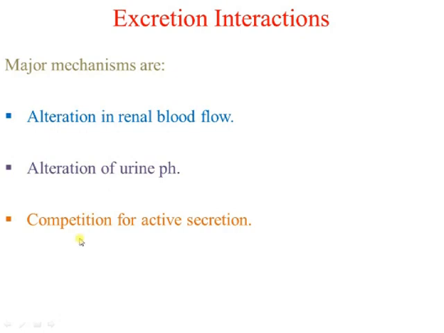And we have some drugs which can competitively block active secretion of drugs across the cell membranes. That happens even in the kidneys. So some drugs which interact at that level can either increase or decrease the levels of other drugs. So we have these major mechanisms which are at play when we talk about excretion drug interaction.